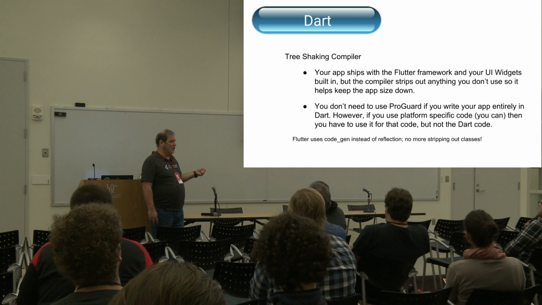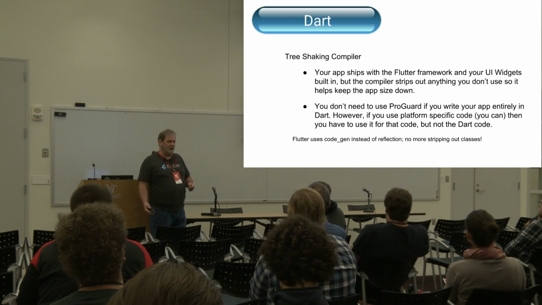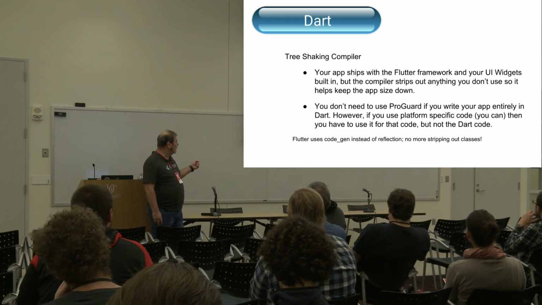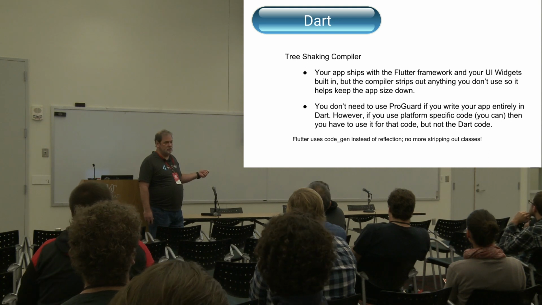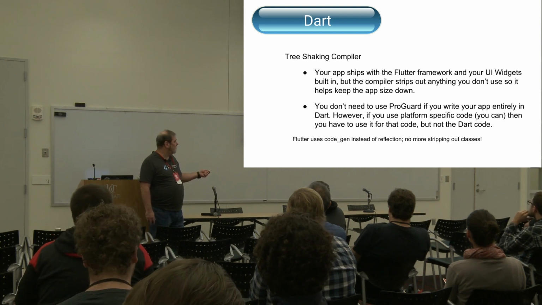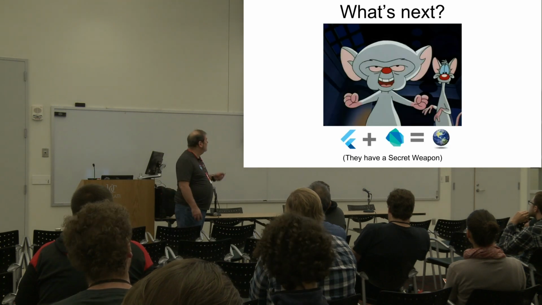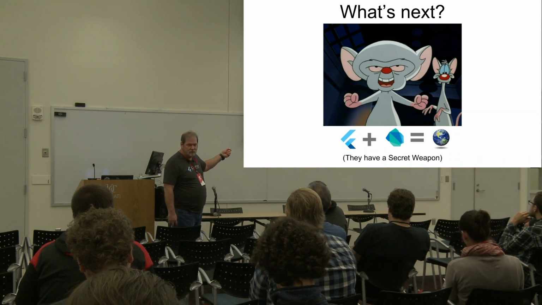The compiler will take care of all this. Now, if you start putting Java or Kotlin into your app, yes, you're going to need to use ProGuard. One last point, Flutter uses code generation, not reflection. So there's no more going around stripping out classes. We're back to taking over the world.